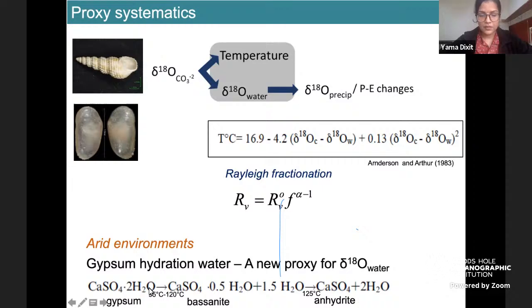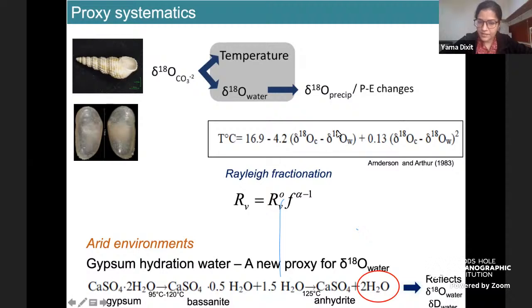This is the hydration water, and if we extract this hydration water and measure oxygen isotopes of it, this is independent of temperature changes, but it records the oxygen isotope of the lake water in which it was formed. So if we correct it for the fractionation factors, the fractionation factor for oxygen and the fractionation factor for hydrogen, we can get the exact values of oxygen isotopes of the waters that it was living in.